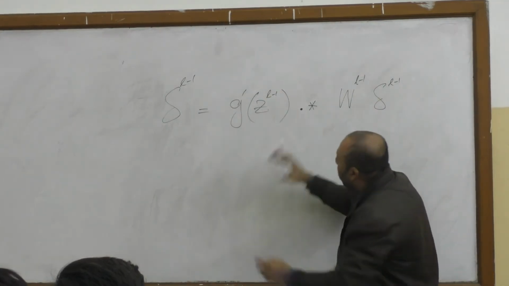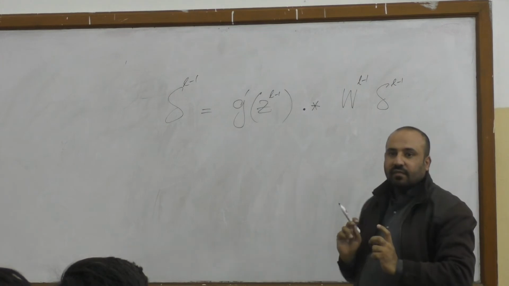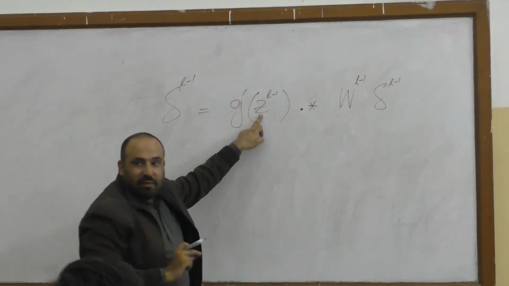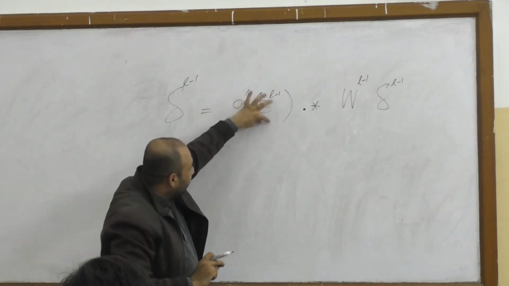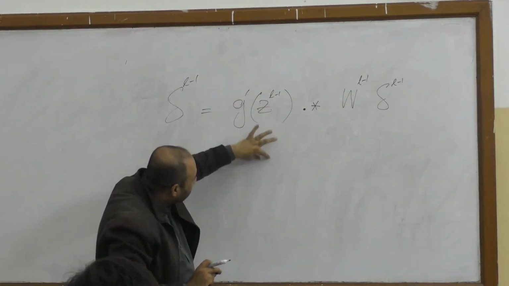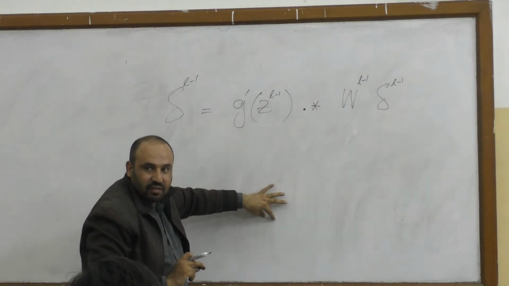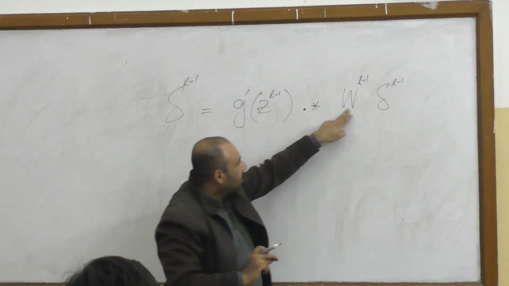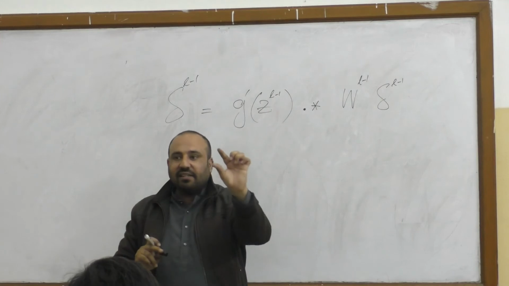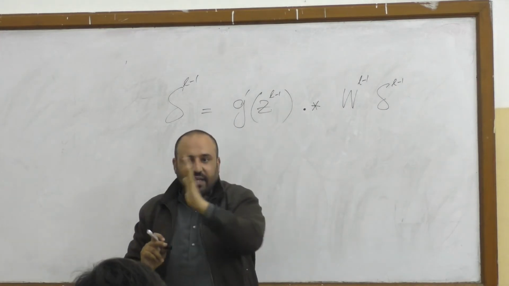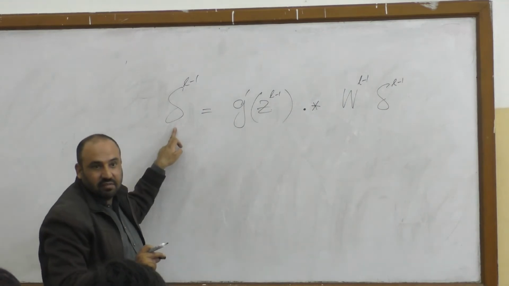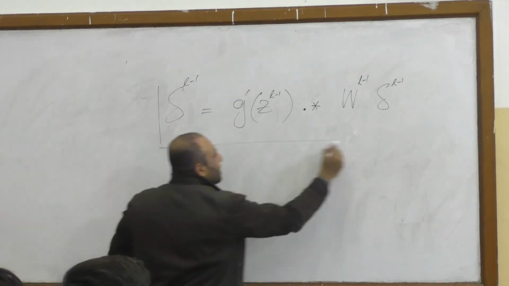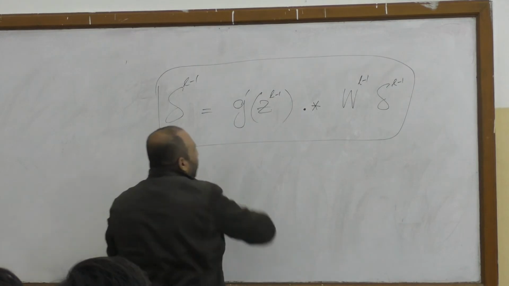Pointwise multiply this column vector with those, because this ZL minus 1 is a vector now. So for a vector, if we take the derivative element-wise, we get that many vector elements. This dot static is also a vector. So we multiply a vector with a vector element-wise, and at the end you get a vector, and that is this vector. So see, everything is just, I mean, all that summation and stuff, is like this.